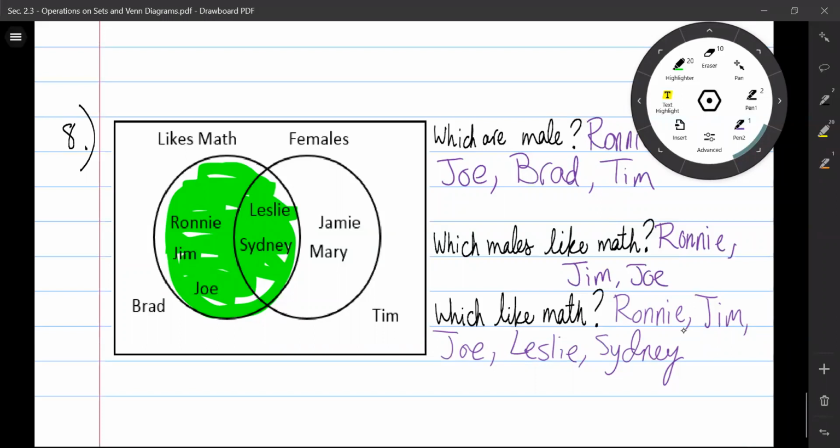All right. So that's the end of chapter 2. Here is the practice test review. You can find this exact document on Canvas under modules, as well as the answer key for it.